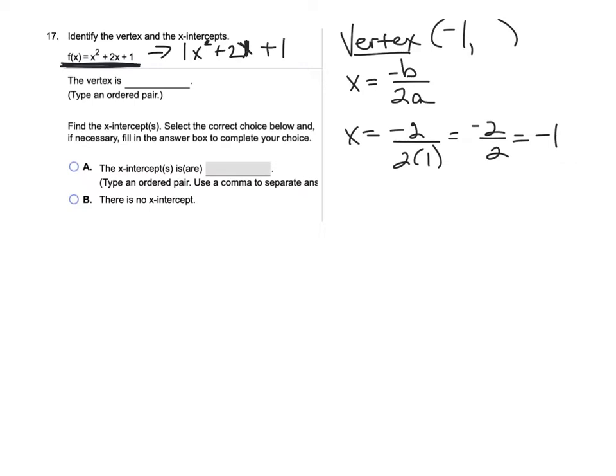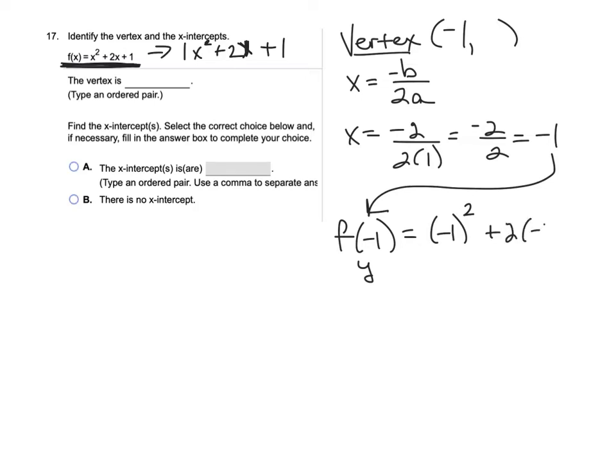Okay, so now once you find that, to find the y, you're just going to take negative 1 and plug it in for x and see what you get. Because remember, this is your y. Okay, so we have negative 1 squared. Be careful, you're squaring negative 1, so you want to square it. That'll make it positive. Plus 2.